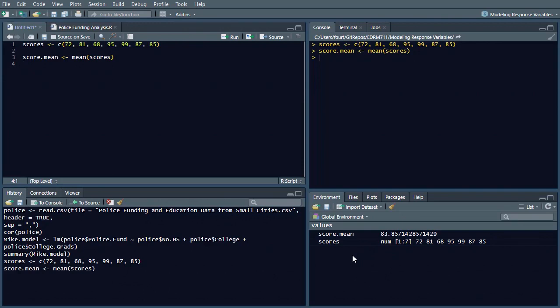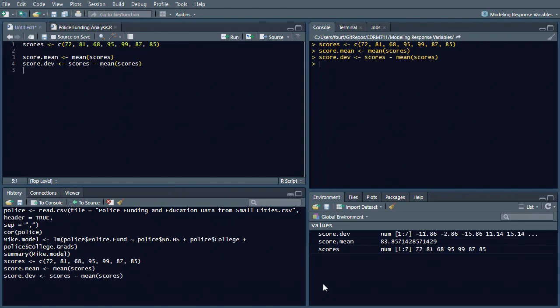So some of these scores are below the mean, some of these scores are above the mean. If there was no deviation at all, they would be right on the mean. Let's create the score deviation. Okay, so here again in the environment, you can see some of the deviations.